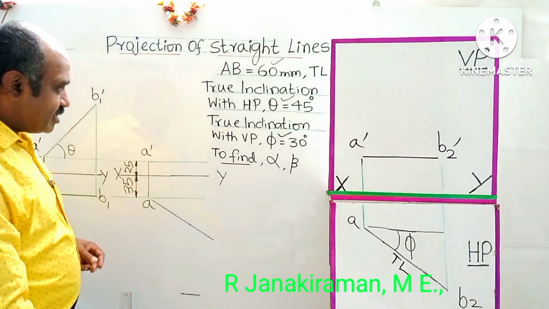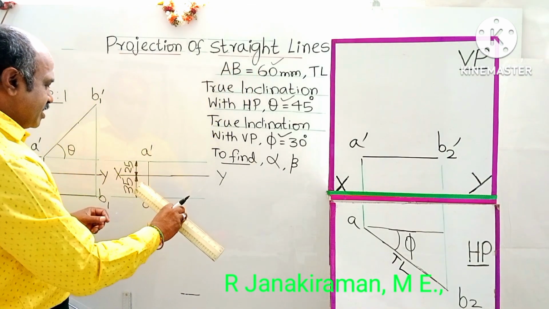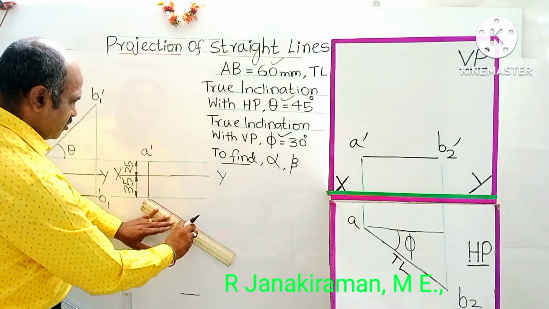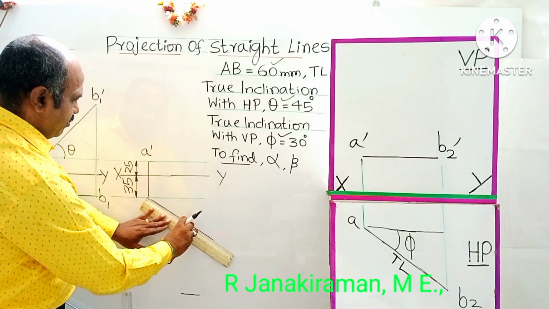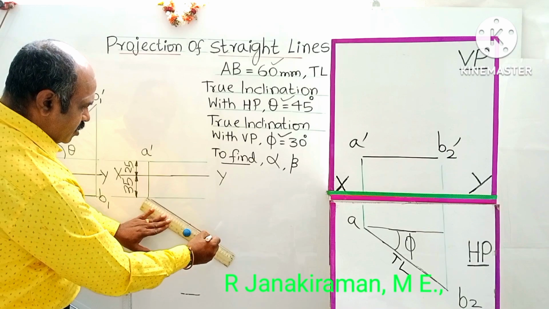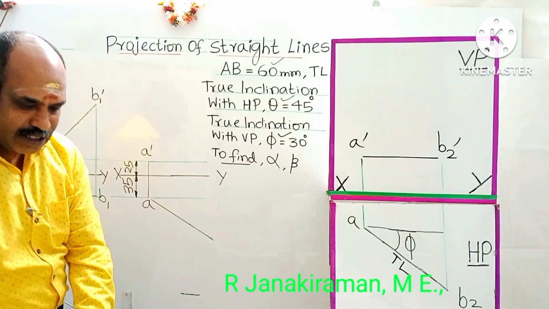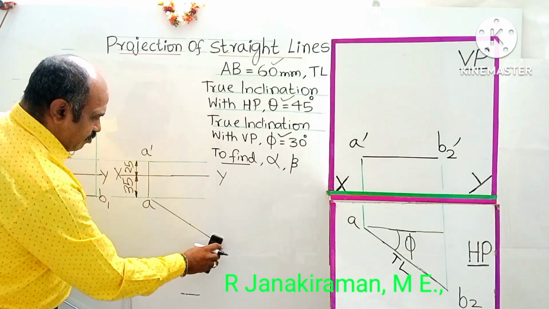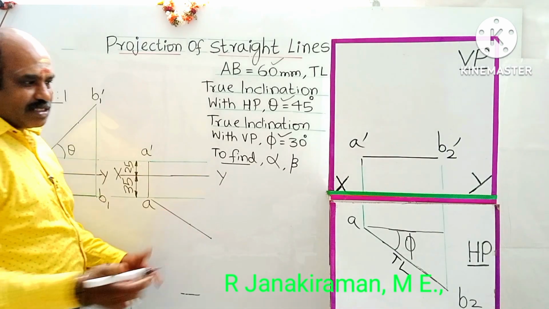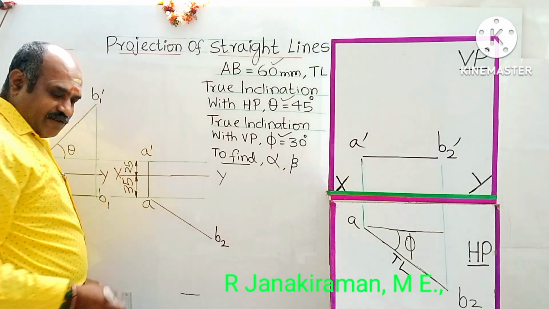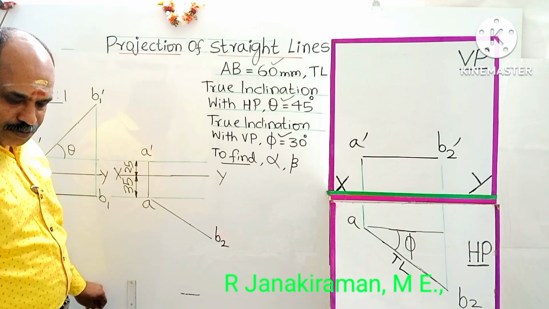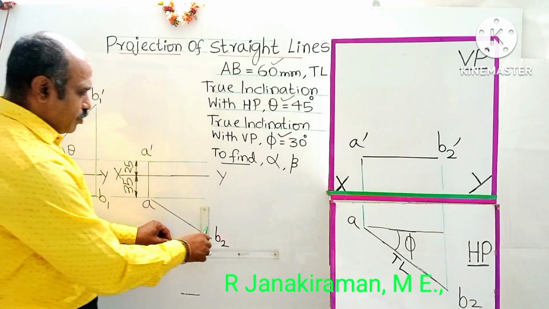So mark a distance of the true length, that is 60 mm, 6 centimeter, from point A. The remaining length you can erase. The end point of this inclined line shall be given as B2. Draw a vertical projector from B2 upward using a 2H pencil.